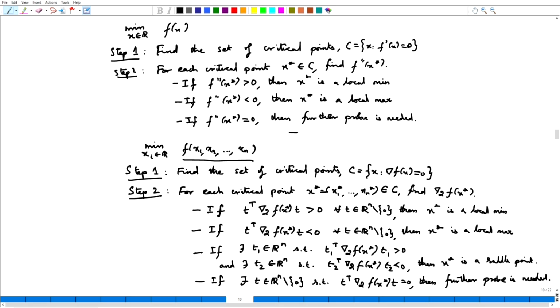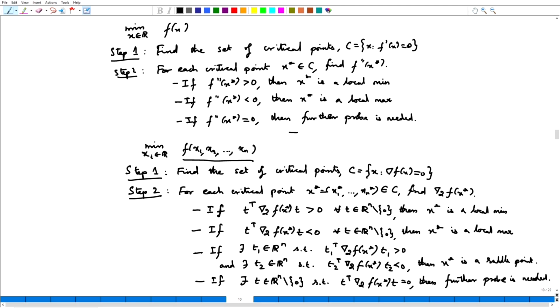Okay. So, we had certain characterizations for x star to be a local min, a local max, a saddle point, or settings where further probe is actually needed.